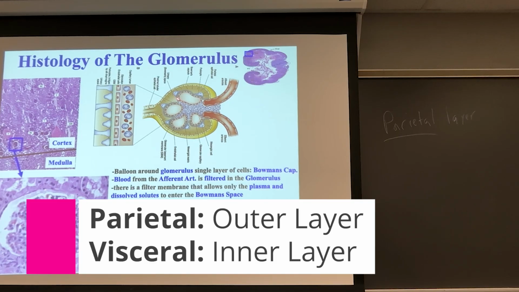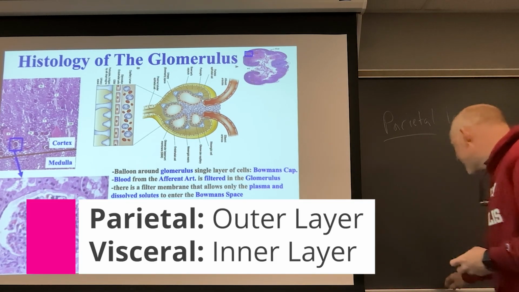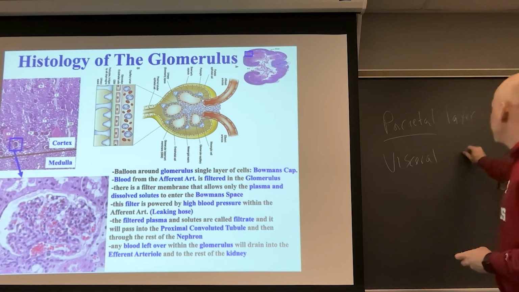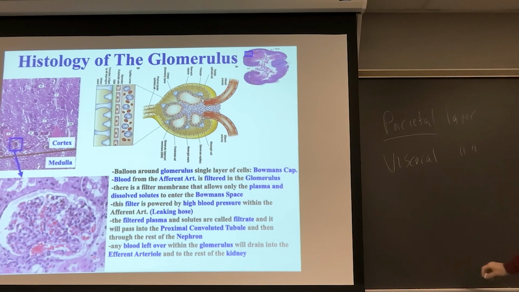These are some of the more specialized cells, and they're often called the visceral layer of the renal corpuscle. Visceral meaning they're associated directly on the surface of the capillaries, or the inner layer of the sac.